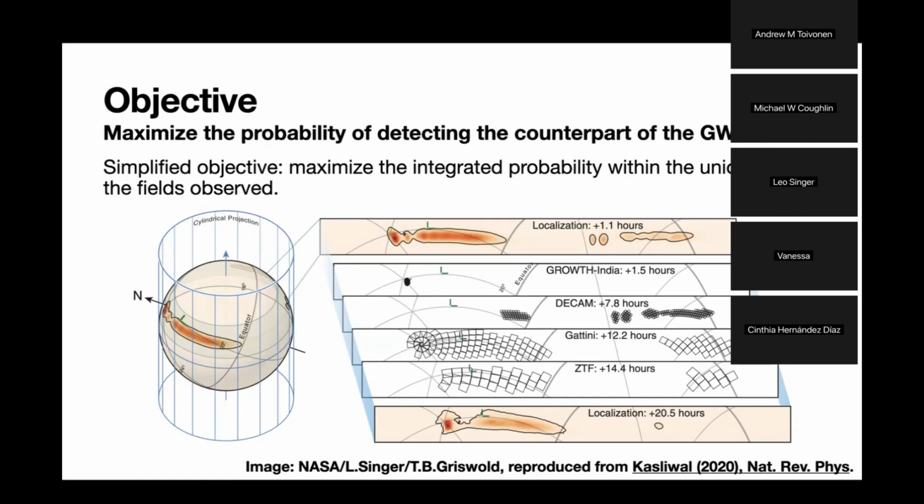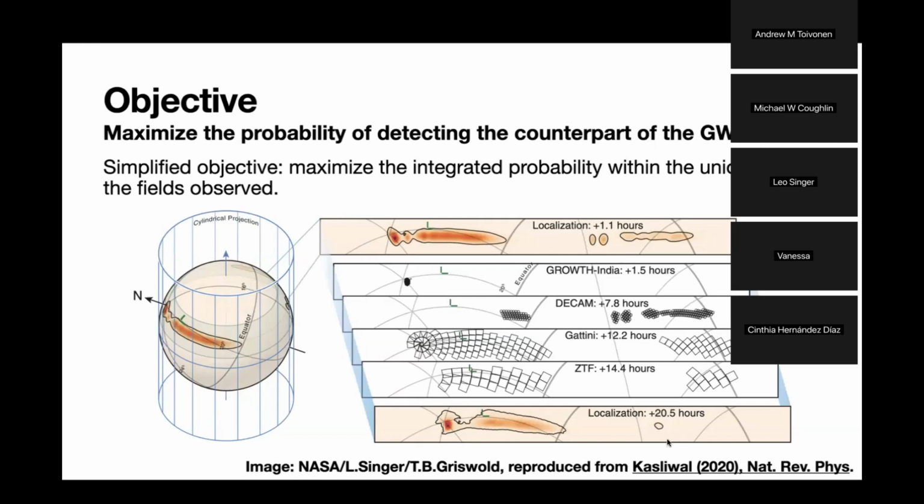This is an optimization problem, and we want to maximize the probability of detecting the counterpart of the gravitational wave source. Now, in this lecture, I'm going to talk about some algorithms and approaches for solving a simpler subproblem, which is maximizing the total integrated probability within the localization that is contained within the union of the footprints of all of the fields that we observe.